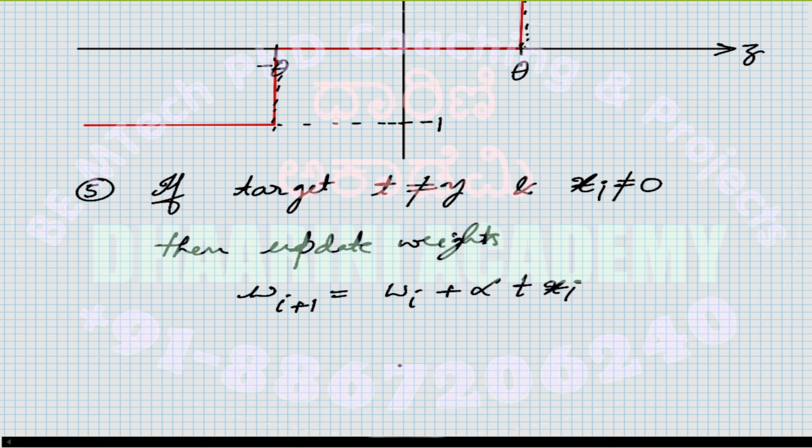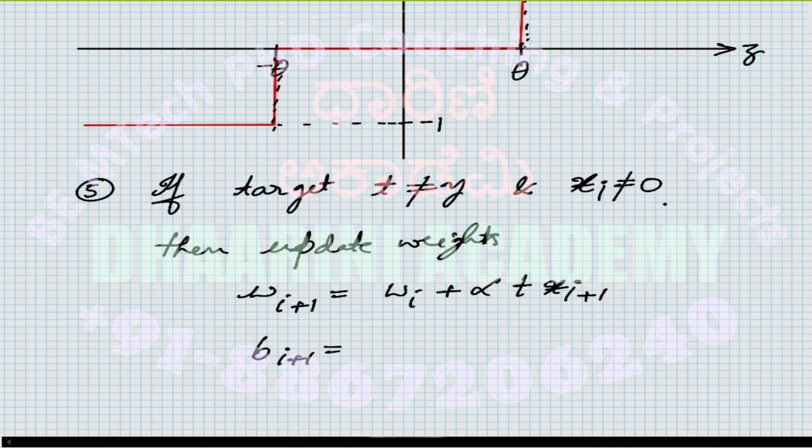So then I'm going to use the equation for bias. So this is bias b, I can write bi plus 1 is equal to... okay, I'll make a change here. Please make note, this is i plus 1 because wi plus 1 depends on the old values of w plus alpha into t into xi.